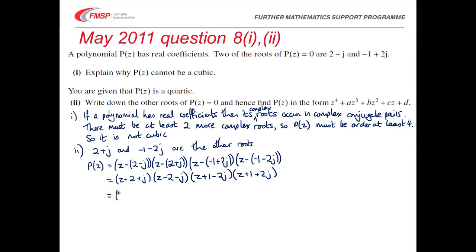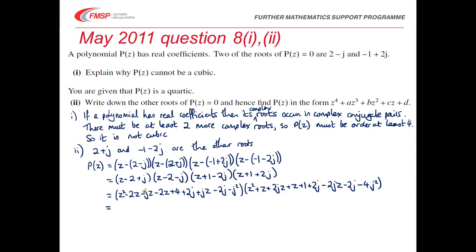Multiplying out, again we get z squared minus 2z minus jz minus 2z plus 4 plus 2j plus jz minus 2j minus j squared, and then z squared plus z plus 2jz plus z plus 1 plus 2j minus 2jz minus 2j minus 4j squared.